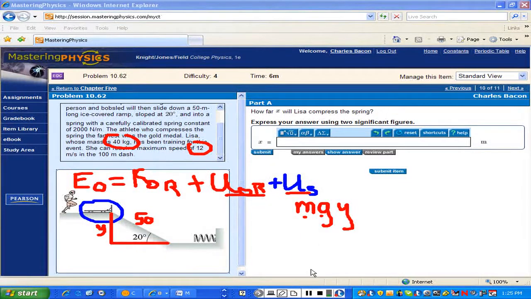Now let's come down to the bottom. Down here, the spring gets compressed. Let's draw a line and show that spring is compressed against the stop. And what kind of energy does the spring have in that state? Well, it has potential energy, doesn't it?